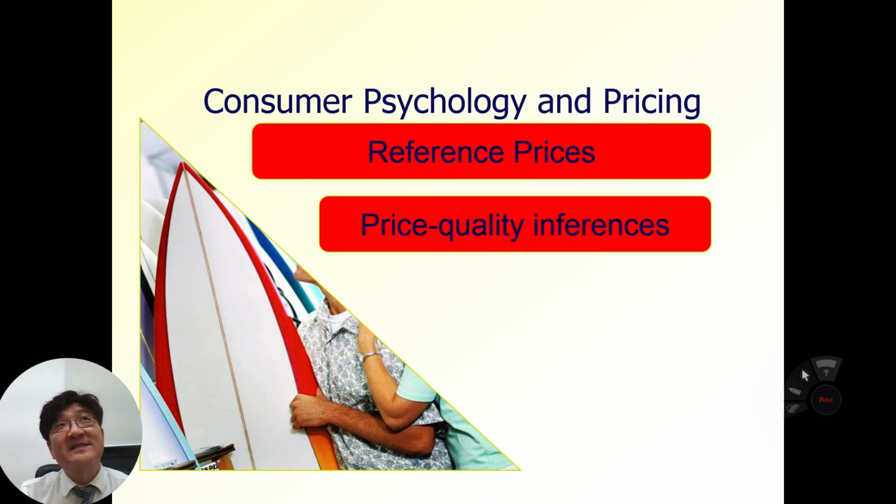I have to say, price quality inference works more in areas where customers do not have knowledge. When the customer wants to make a decision, they need to process the information.